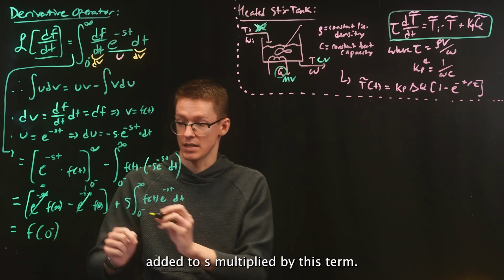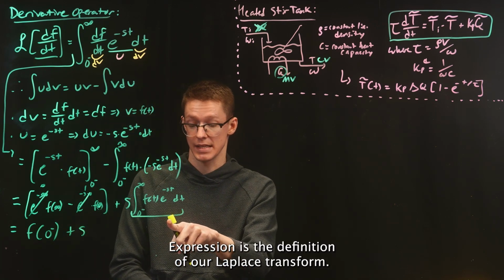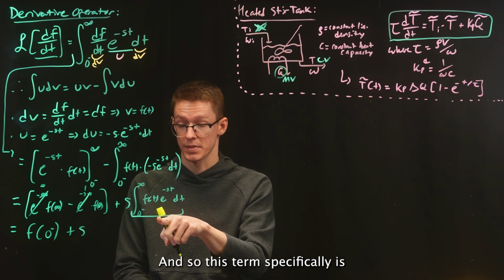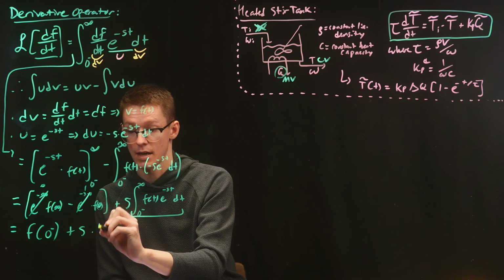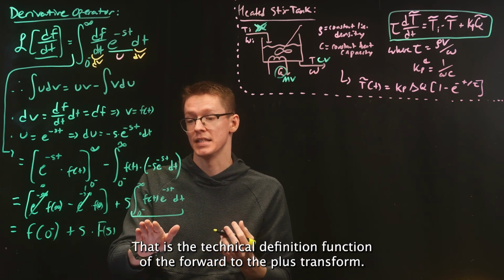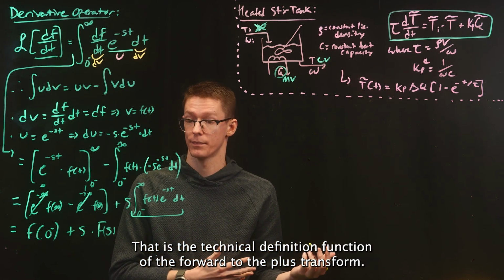This then is going to be added to s multiplied by this expression, which is the definition of our Laplace transform. And so this term specifically is F of s. As we've described previously, that is the technical definition of the forward Laplace transform.